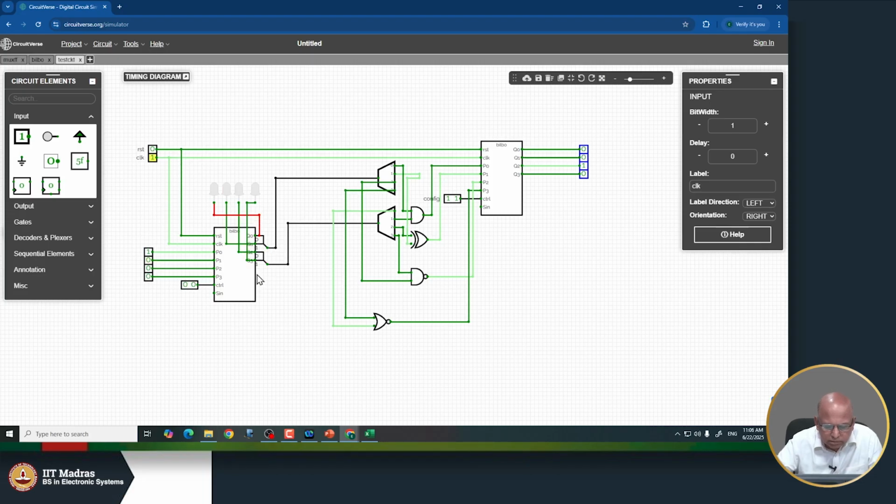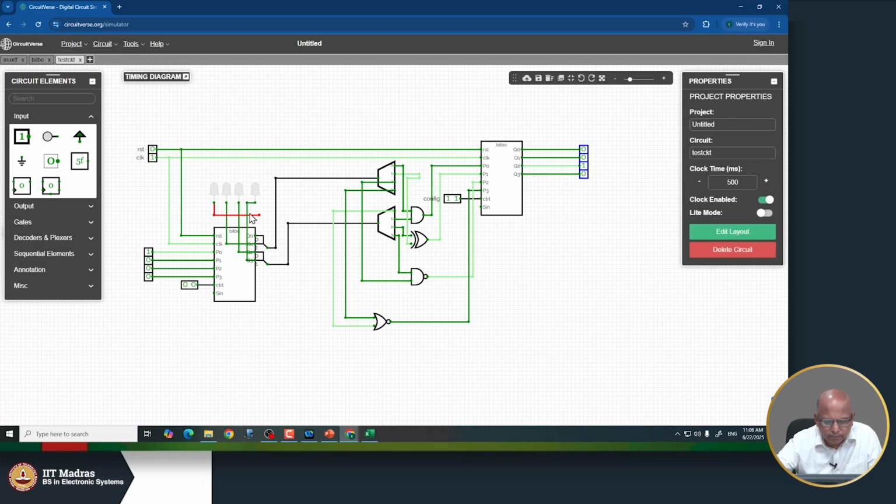Some connection error is there. This is connected here. Okay, so it was not showing correctly. I think this is the right way to connect it.